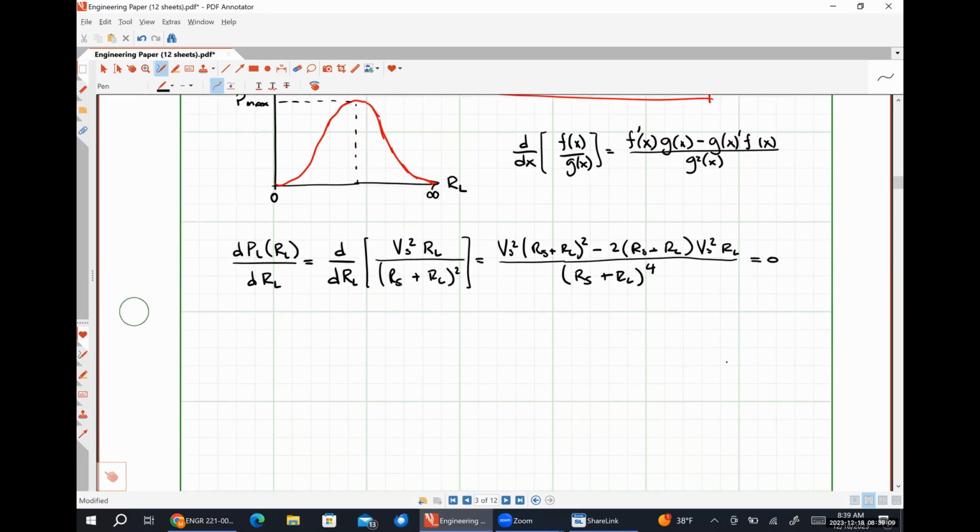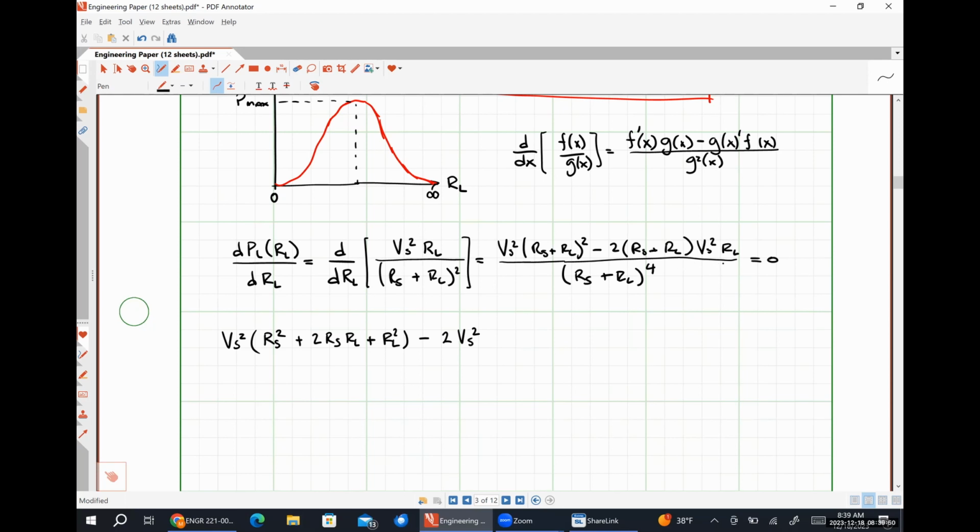So let's play around with some things here. So we have VS squared times (RS plus RL) squared, which is going to look like RS squared plus twice RS RL plus RL squared, minus 2 VS squared.